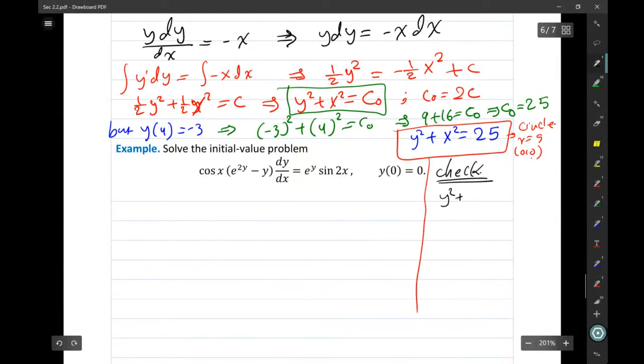I have y square plus x square is equal to 25. To check, this is an implicit solution. Do you remember last time how we checked the implicit solution? You have to differentiate implicitly.